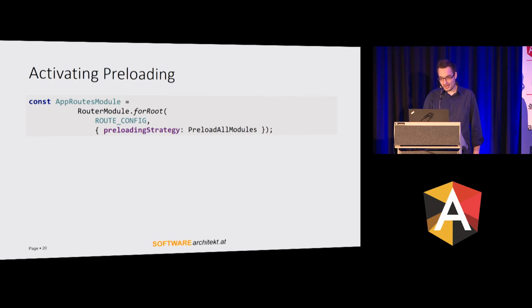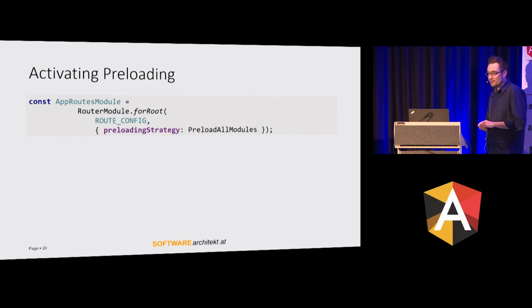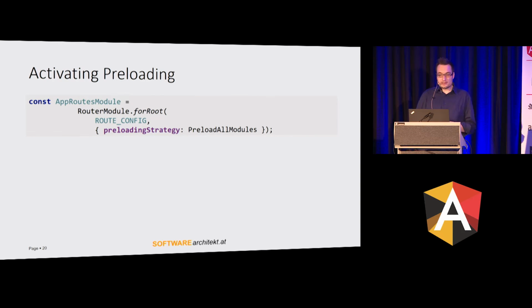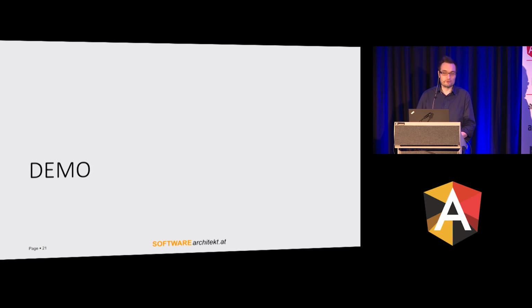And in addition to that, you see it here, you can also pass an object with some settings, and as part of the settings, you can pass in a preloading strategy. The PreloadAllModules strategy is a baked-in strategy. It comes with Angular, and as the name implies, it preloads all modules after the start of the application. So let's try this out.